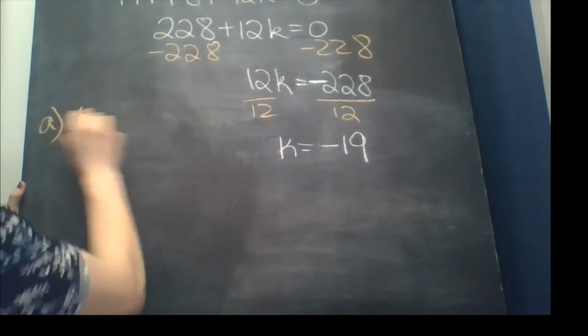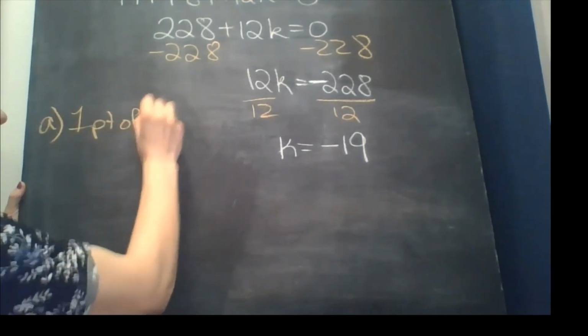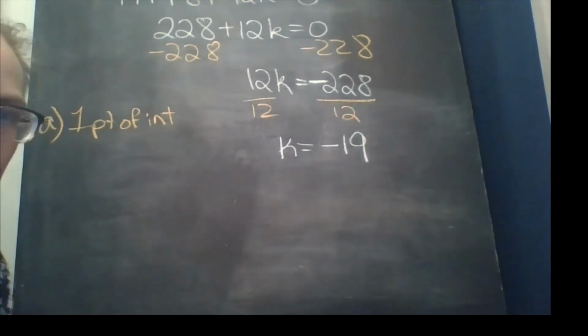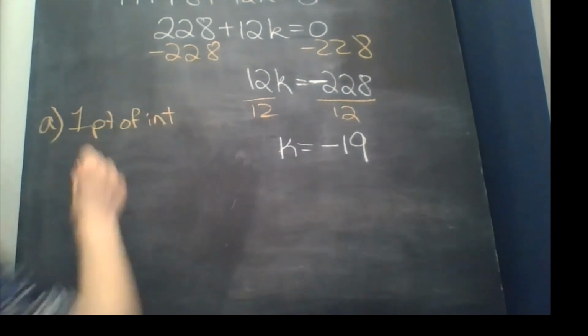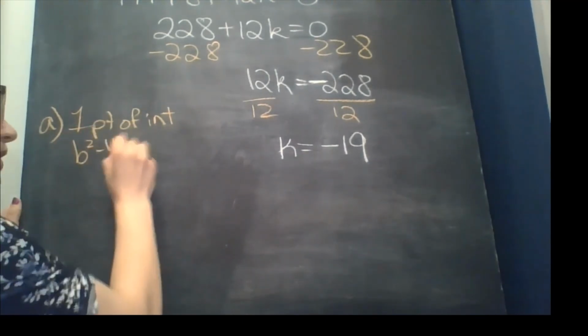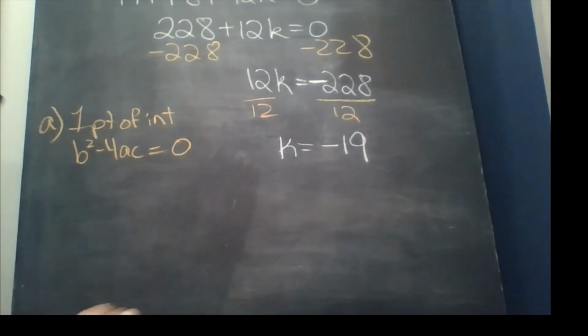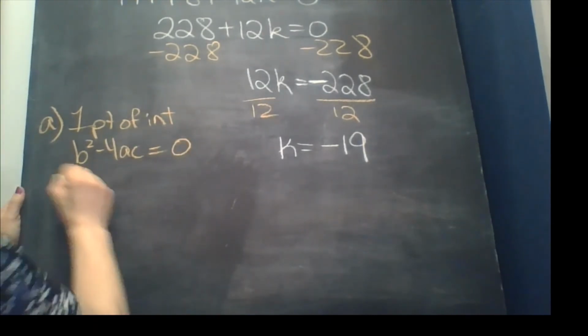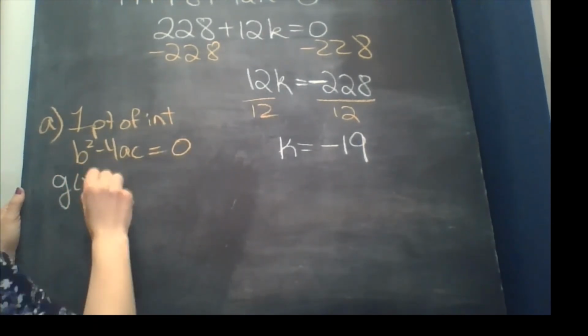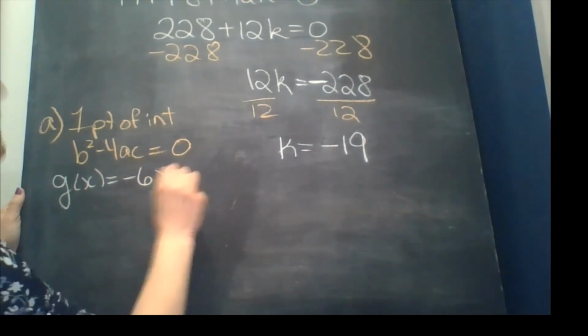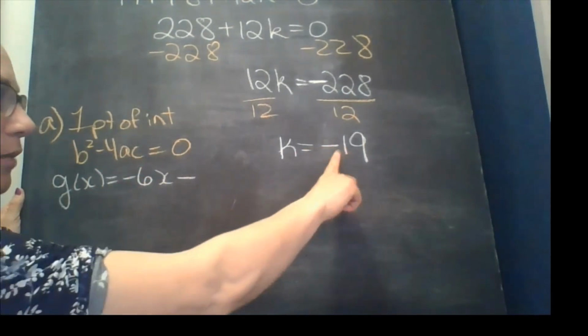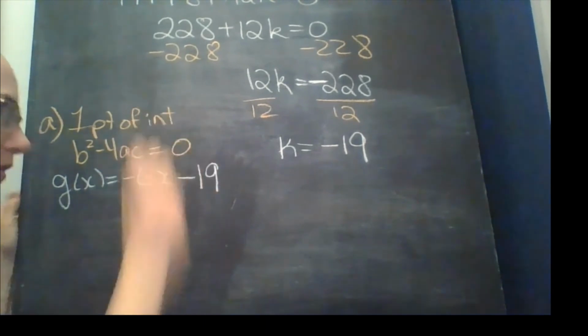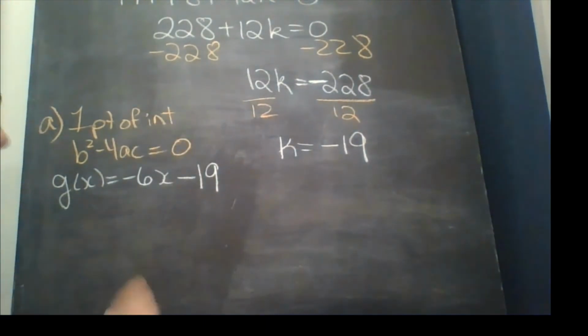For one point of intersection, remember that was when our discriminant, b squared minus 4ac, was equal to 0. That means g of x will be equal to negative 6x plus, instead of k, we now have negative 19.